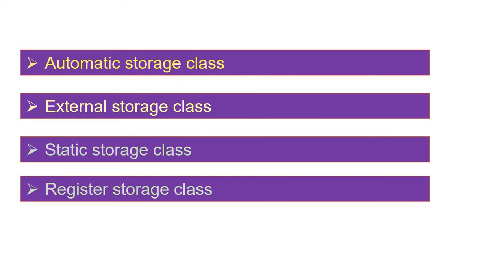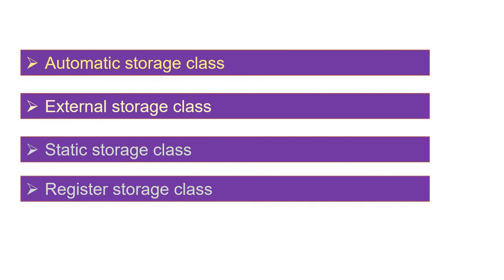The last one is the register storage class. The register storage class makes use of CPU registers. When you want to access some variable more frequently, it is necessary to store this variable very close to the CPU.